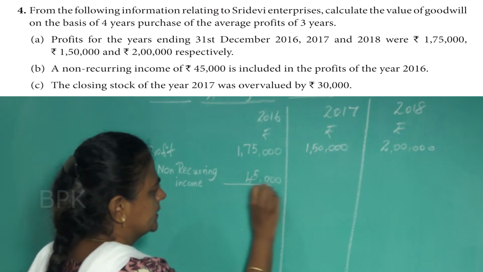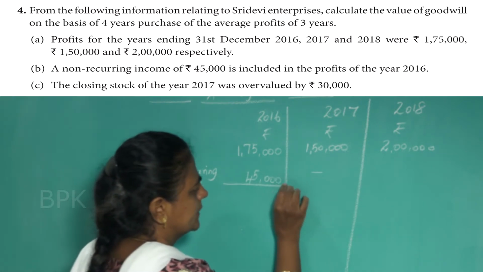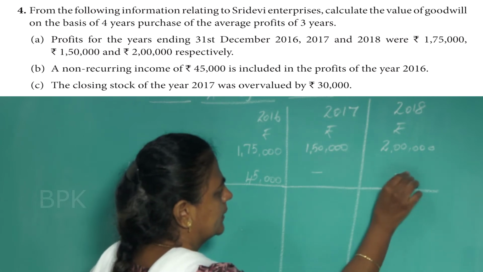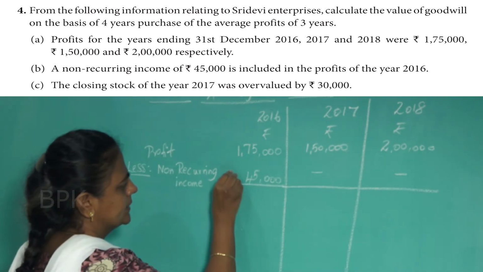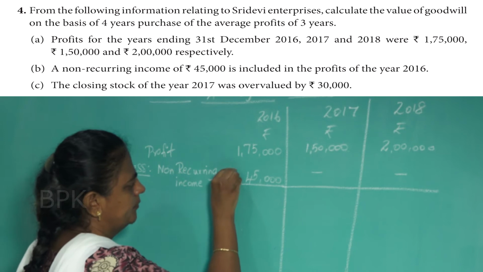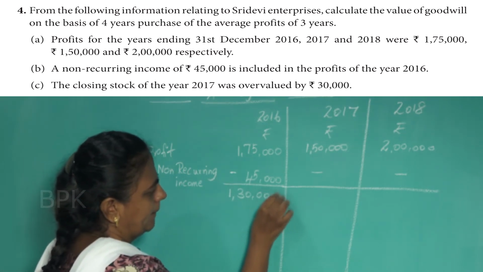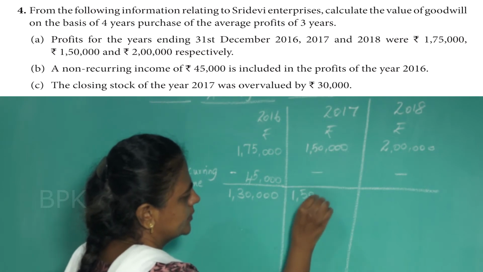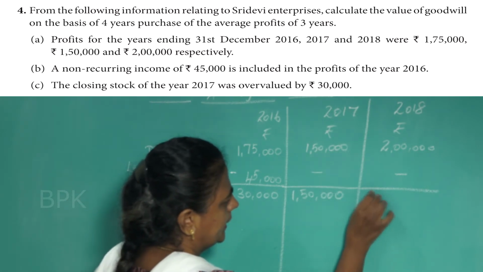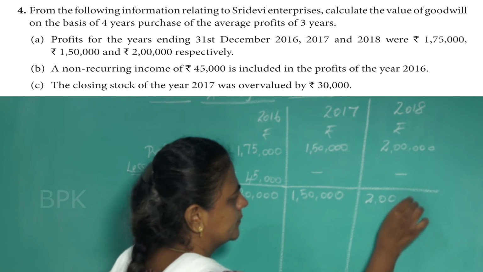So, remove it first. For the other 2 years nothing is given. So, 175 minus this 45,000 will give you 1,30,000, 1,50,000 and 2 lakhs.